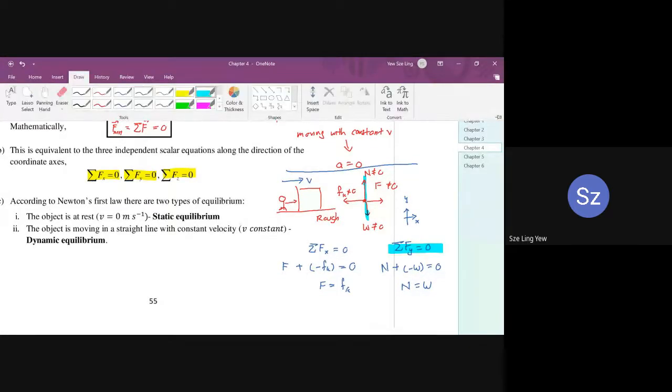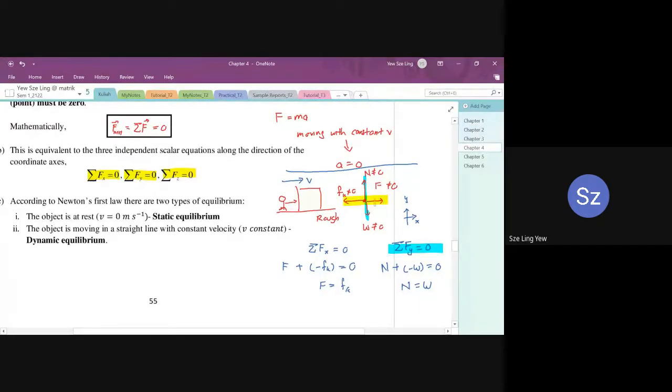So x component and x component, y component and y component. You solve them by component. So when it comes to force, usually it's a two-dimensional question where you have to solve them according to its component.